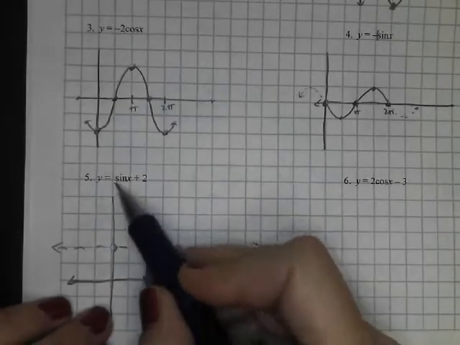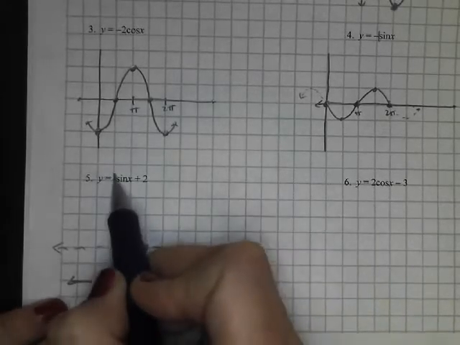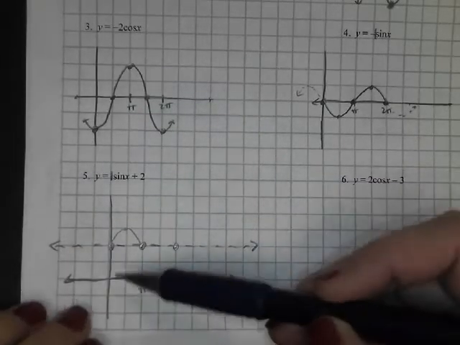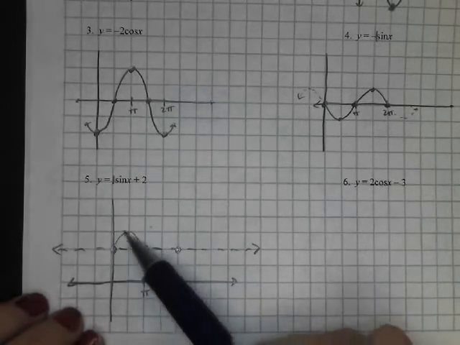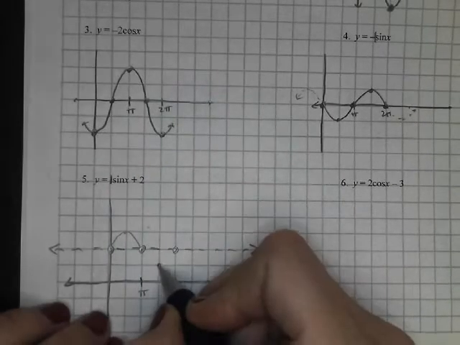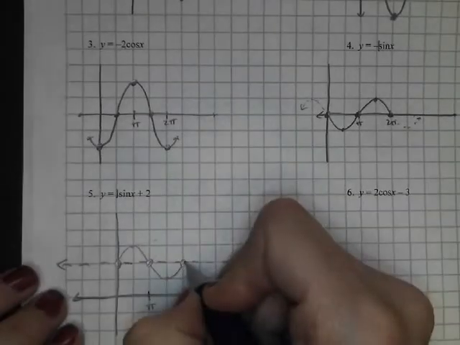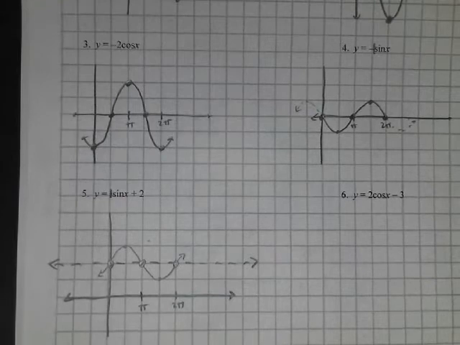And then it's a positive sine, so it's going to go up first to reach its maximum, which is an amplitude of 1, which means it's just going 1 unit above the midline. The maximum value is 3, but that's only an amplitude of 1 above the midline, and then 1 below the midline. And there's your cycle from 0 to 2 pi, and again, you could continue that in either direction.